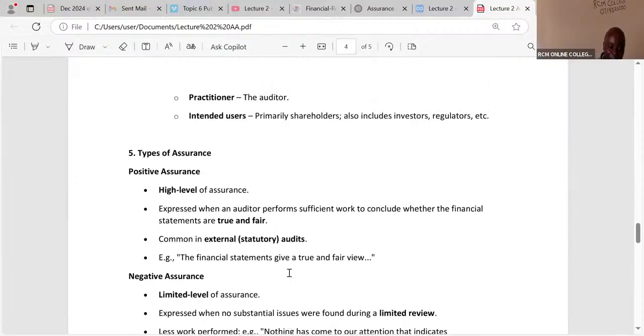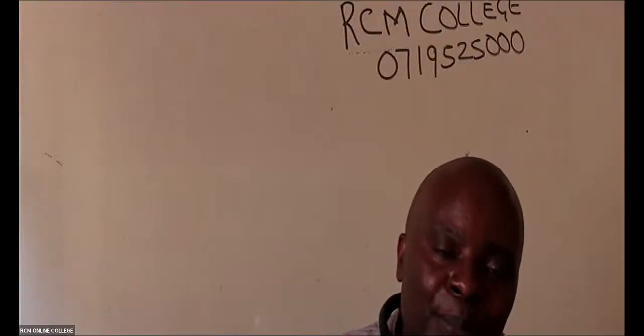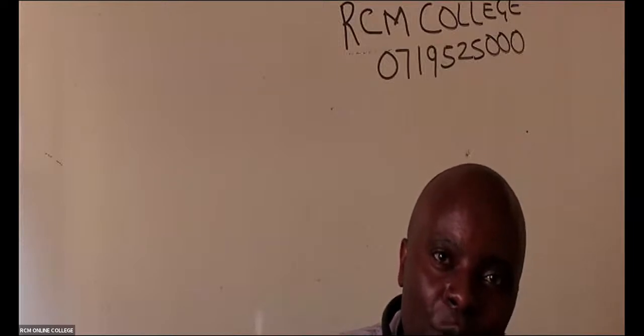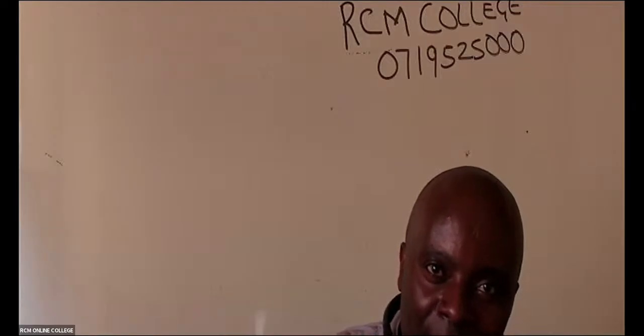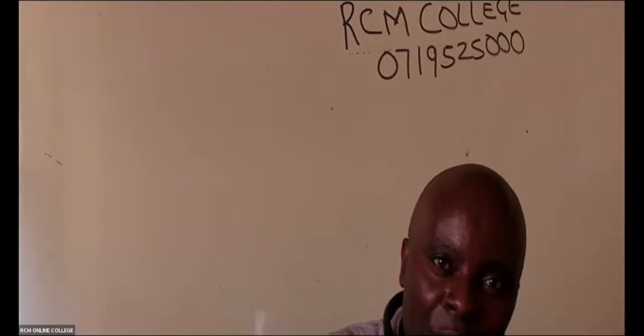Then we have types of assurance. Now, ladies and gentlemen, please, as much as we would want to give people comfort, there is no way in audit you will be able to give what we call absolute assurance. Absolute means what? 100%. I'm assuring you 100%. Then that automatically would mean that you are a witch doctor.